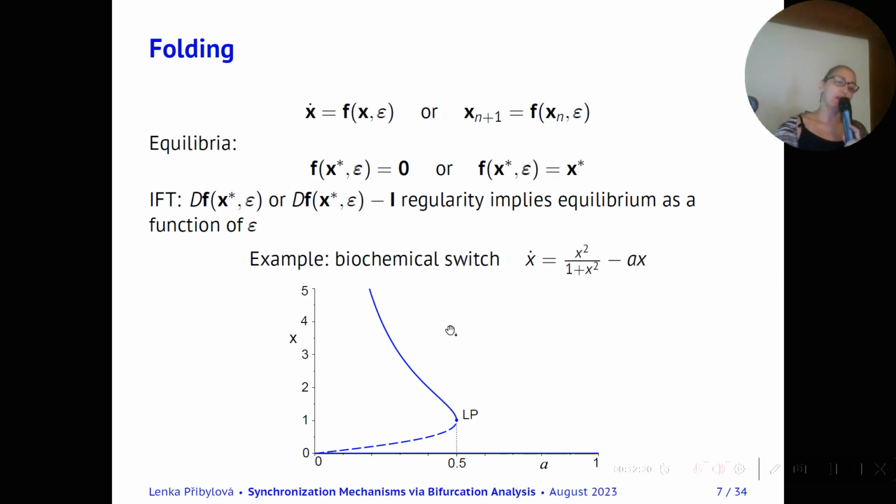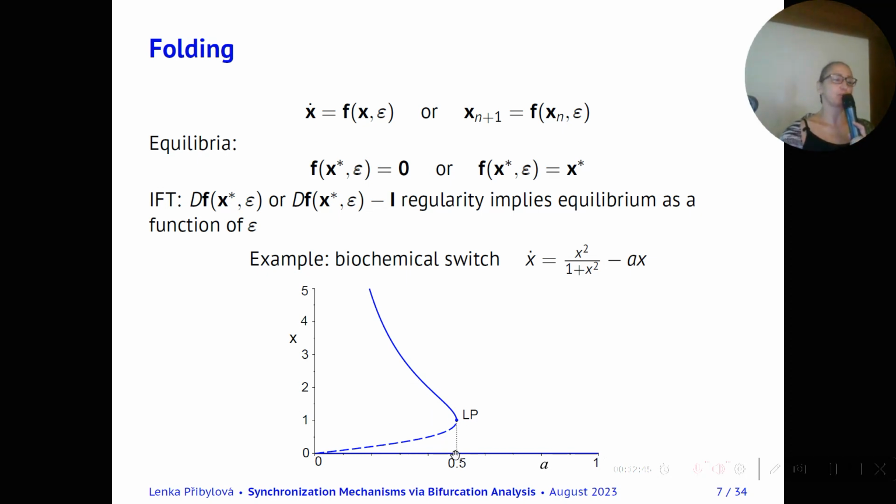Well, when you look at the application, it's very easy. When the concentration is high and you are on this upper branch, and a is in fact some ratio of the rates of the chemical reactions. When a is low, the production of the protein is still ongoing.